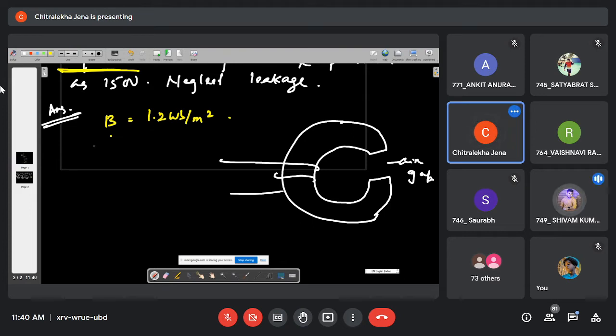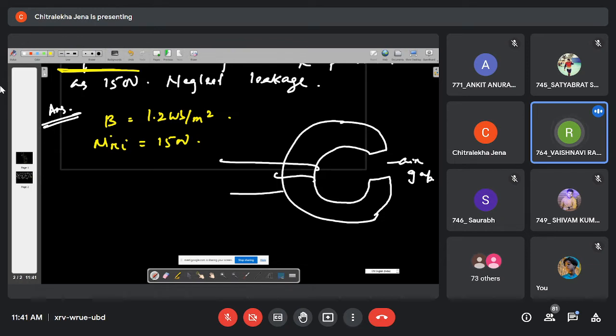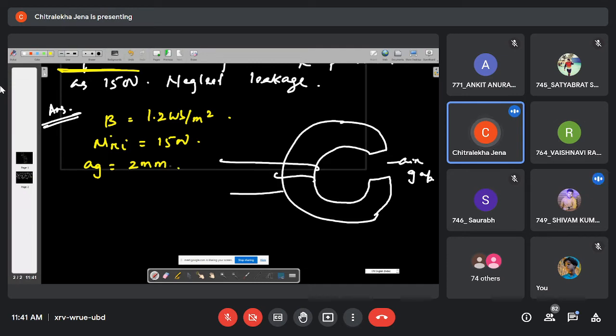Then mu R is 1500. Then LG is 2 millimeter, air gap is equal to 2 mm. What else is given? Length of iron path, 1 meter. Any other thing? No.